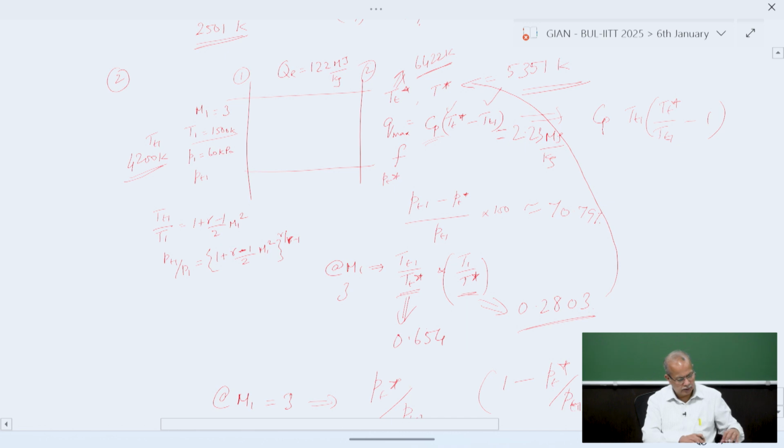What is the fuel air ratio required to thermally choke the combustor?